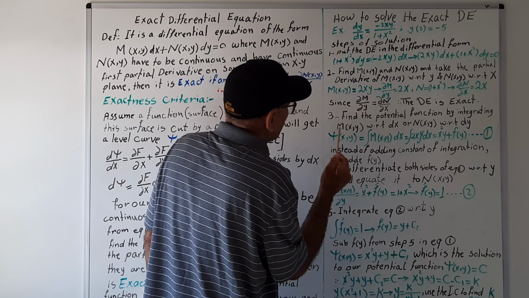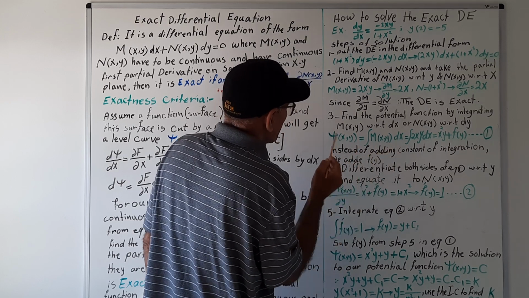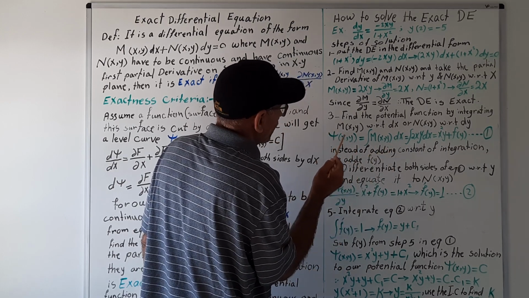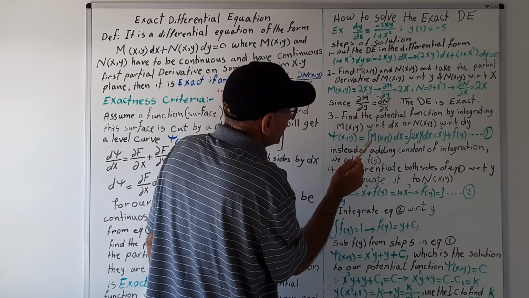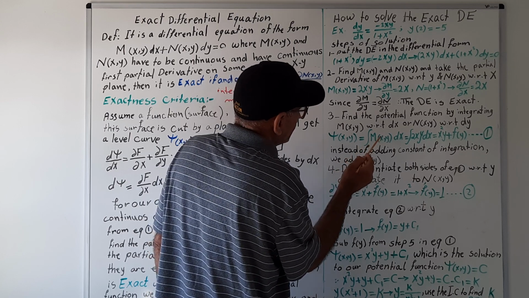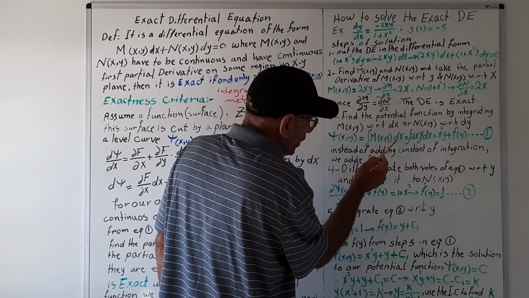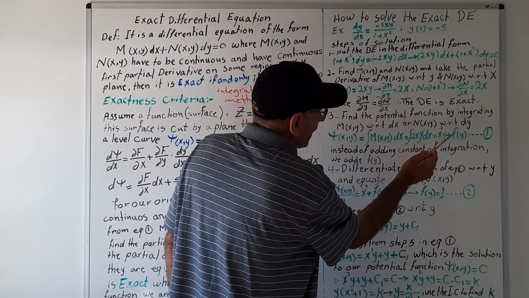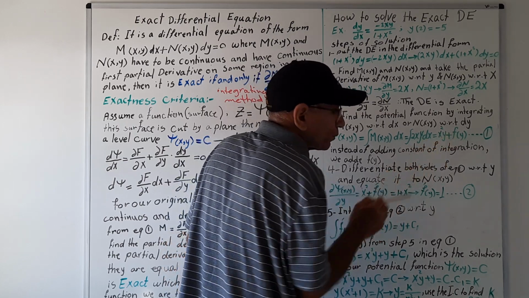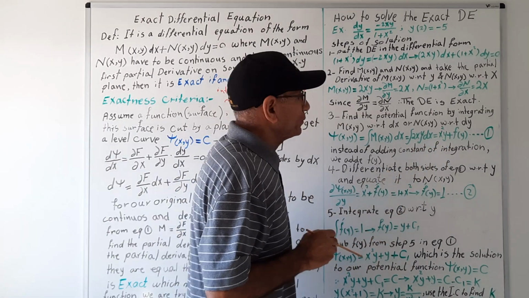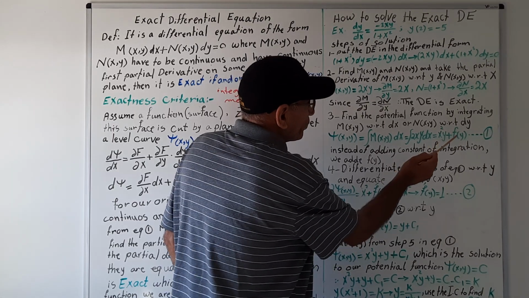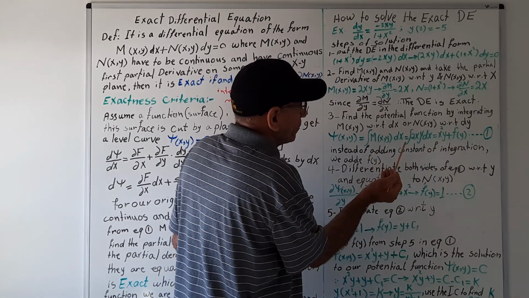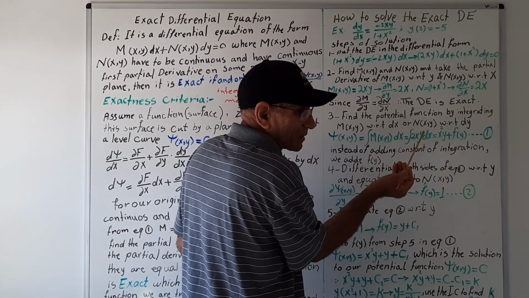So here our original function equals the integral of M of x and y dx, and instead of adding a constant of integration, we add a function of y because we are integrating with respect to x.